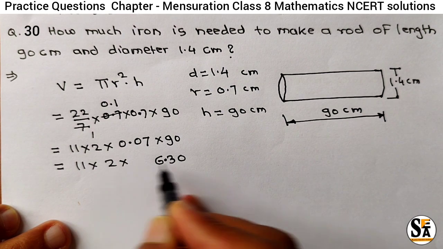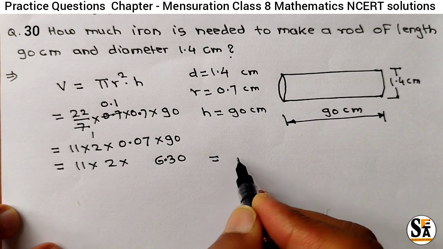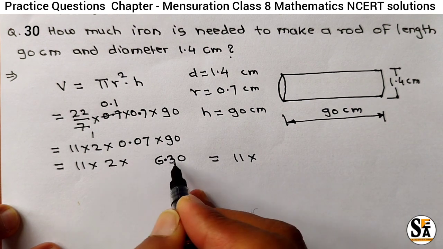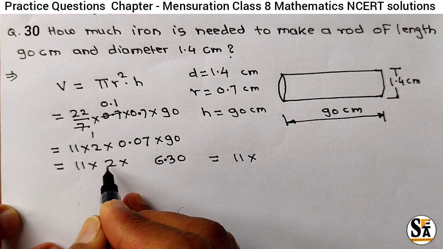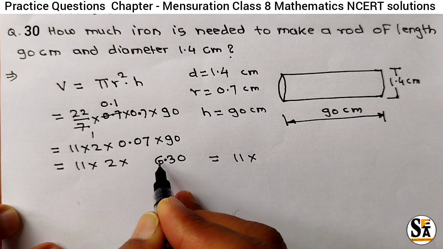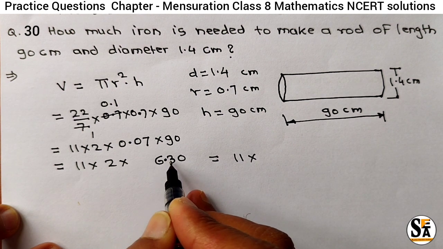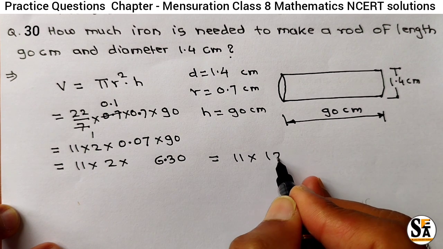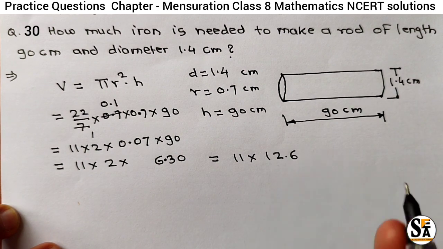Multiply with 2 in the next step, we will get 11 into 6.3 into 2, means double of 6.3: double of 6 is 12, double of 3 is 6, that is 12.6. Very easy calculation.